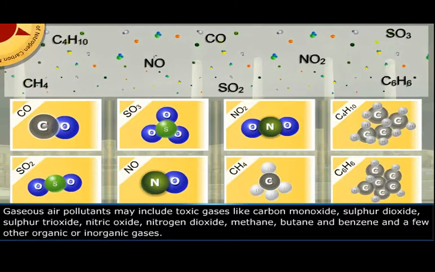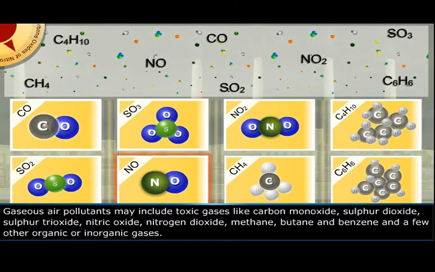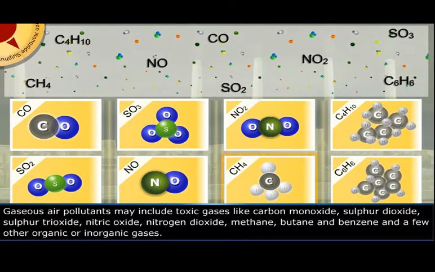Gaseous air pollutants may include toxic gases like carbon monoxide, sulfur dioxide, sulfur trioxide, nitric oxide, nitrogen dioxide, methane, butane, and benzene, and a few other organic or inorganic gases.